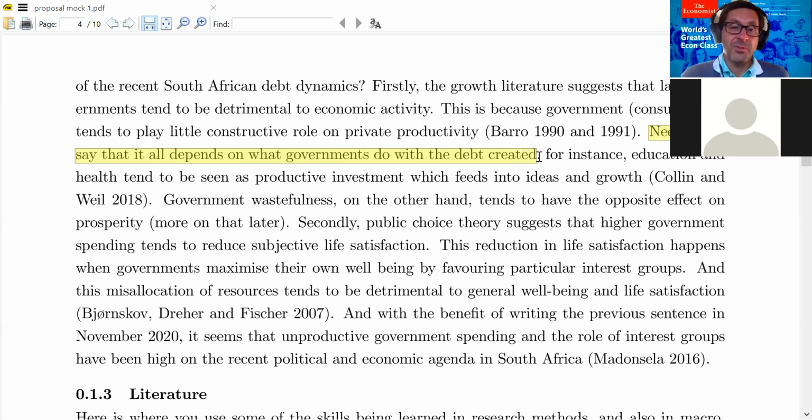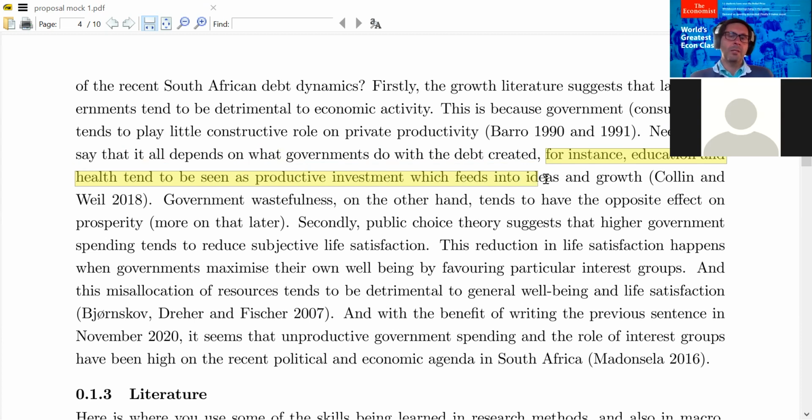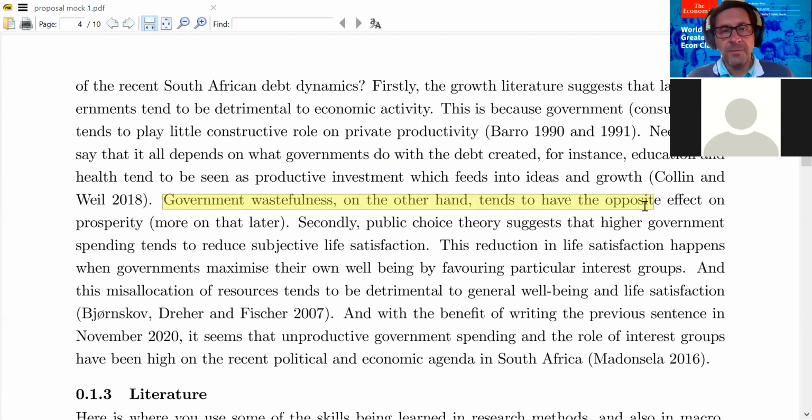The debt itself is not the problem, but it's really what you do with the debt that you are creating. For instance, education and health tend to be seen as productive investment, which feeds into ideas and economic growth. And then I cite Colin and David Weil there. Government wastefulness, on the other hand, tends to have the opposite effect on prosperity. More on that later. You don't need that. Just cut it.